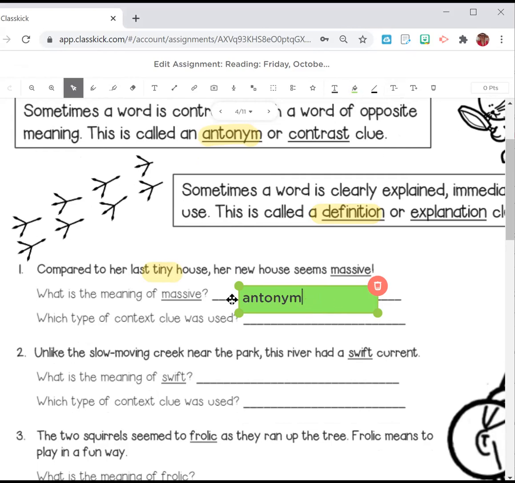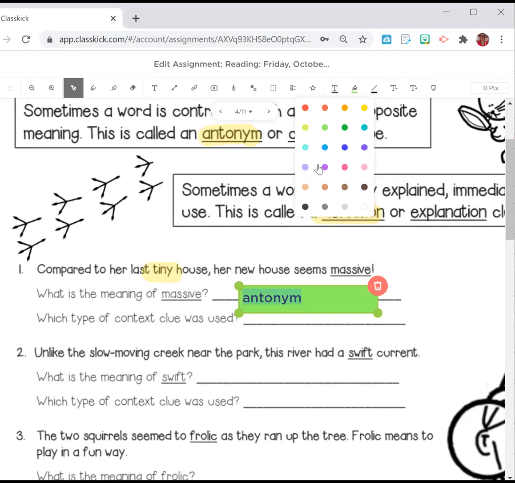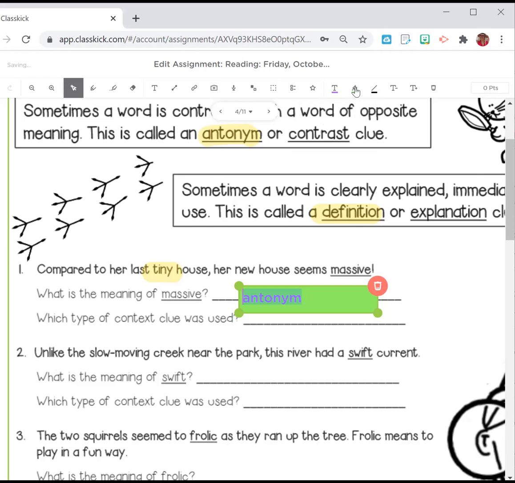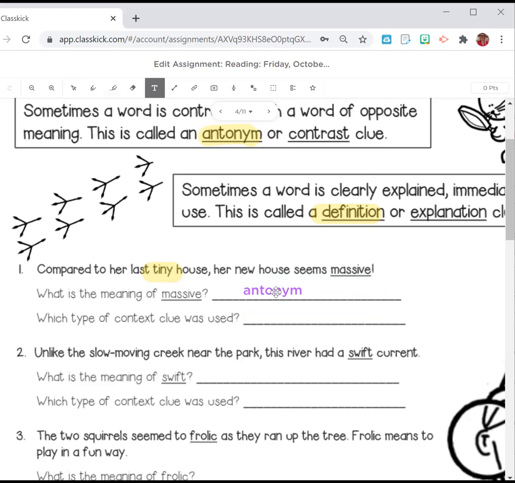Antonym. Now the opposite of tiny, get this in the right spot, would be big. The meaning of massive is big.